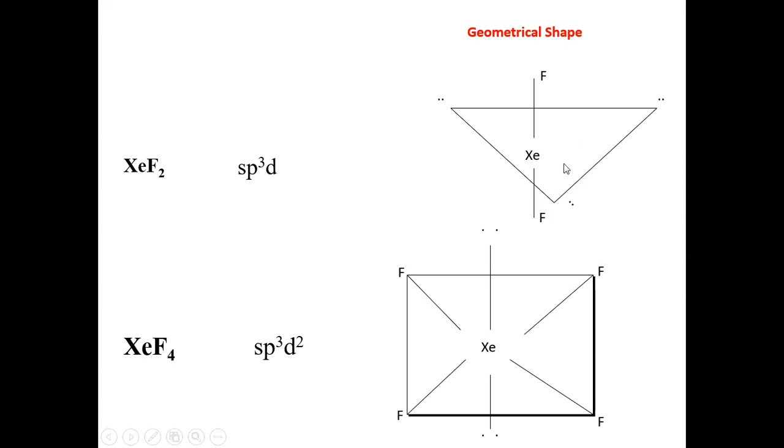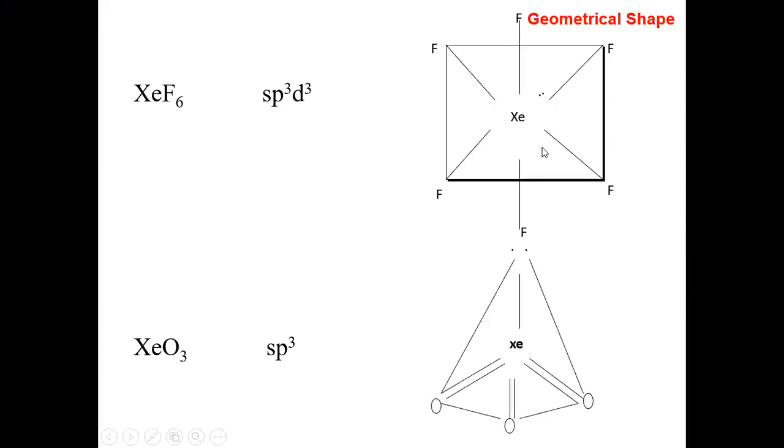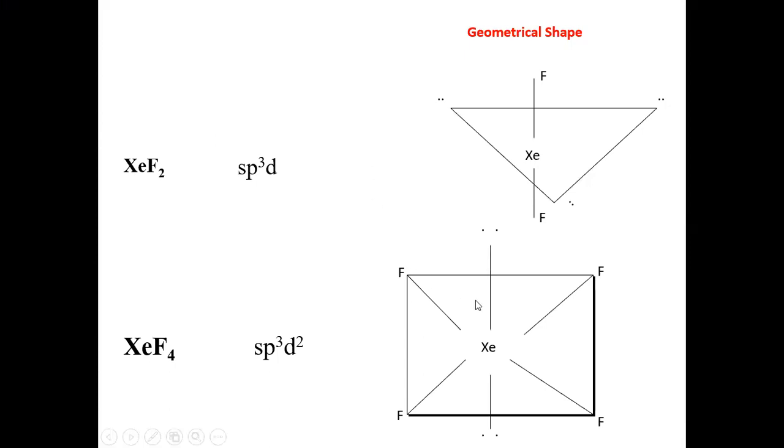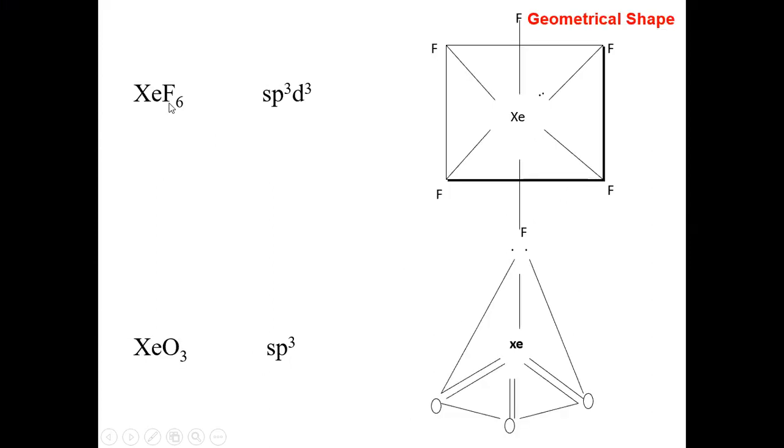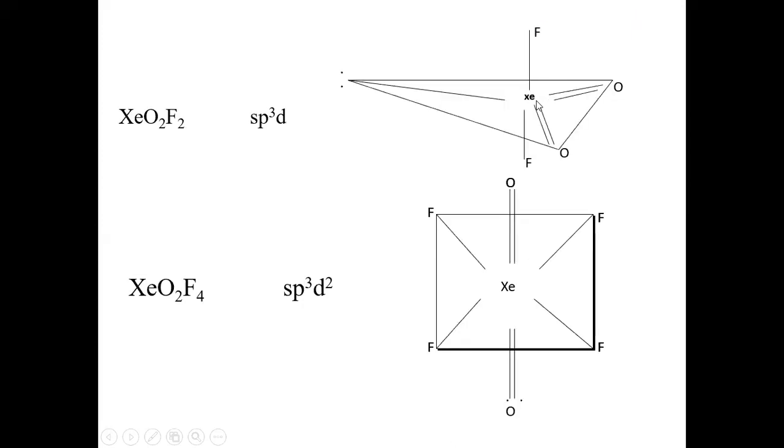Difluoride, you can see the shape, linear shape. Hexafluoride, sp3d3 hybridization: you get the octahedral shape or the distorted, pentagonal bipyramidal due to the lone pair of electrons. Trioxide, you have sp3 hybridization. Dioxydifluoride, sp3d hybridization, a lone pair you have.